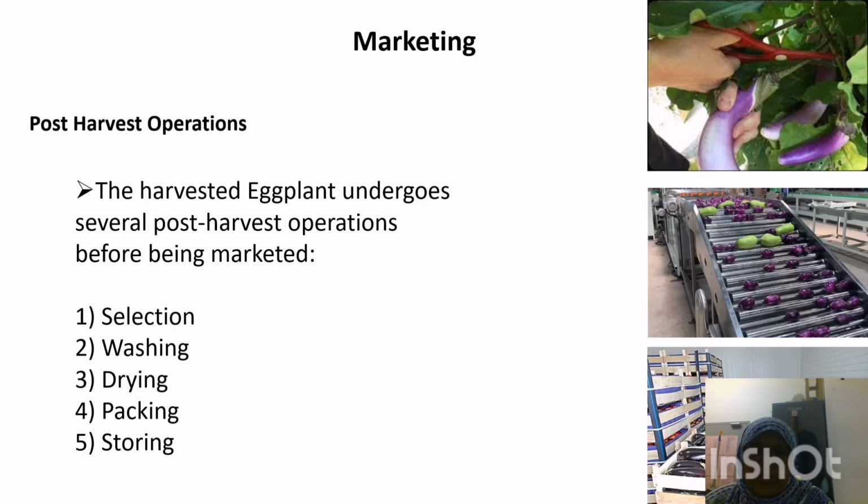Drying is to avoid damaged fruit. Packaging is important so that the fruit is in a safe condition for the customer. And lastly, storage. Storage is also important so that the supply is always adequate.